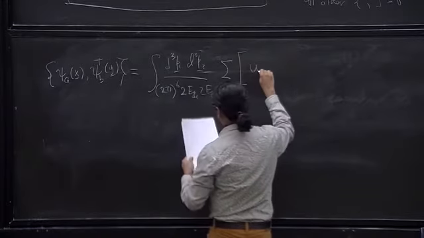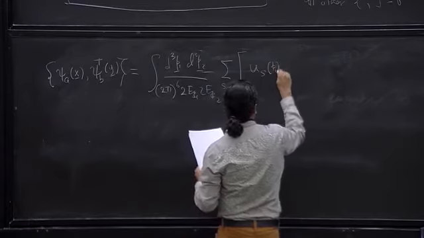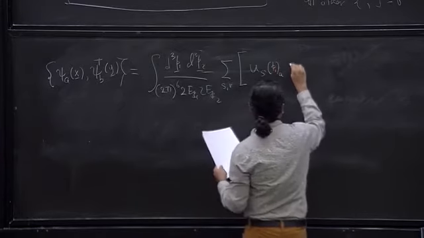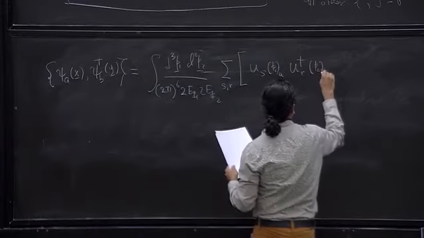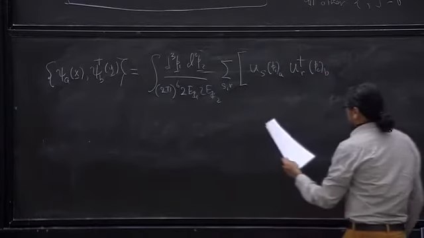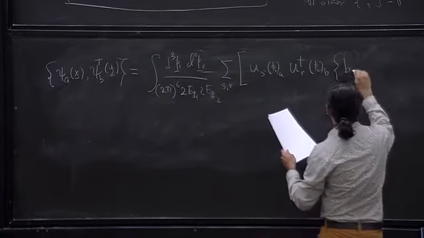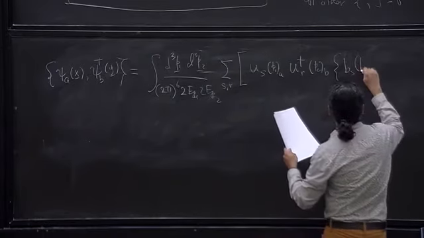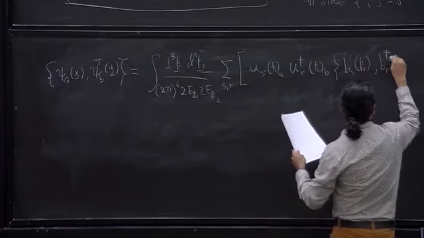And let's write the spinors. The spinors, u_s of p1, there's an a here. u†_r of p2, there's a b here. And then there would be an anti-commutator between b_s of p1 and b_r† of p2.